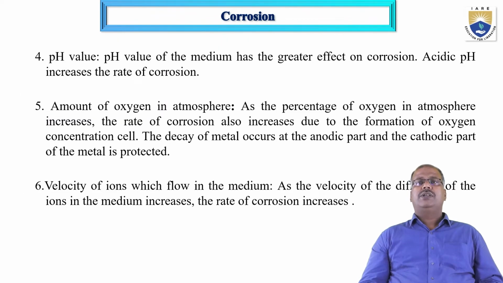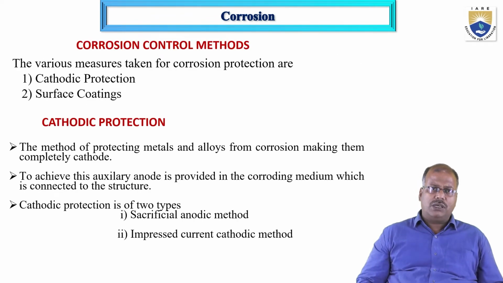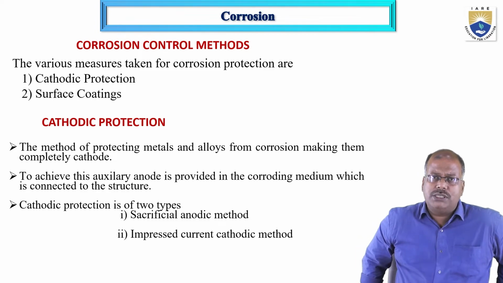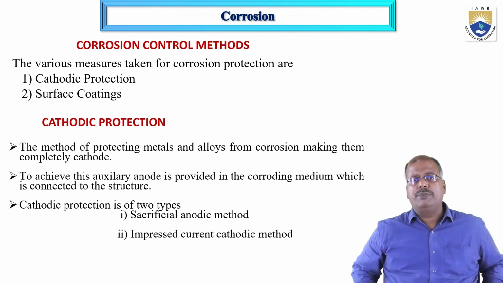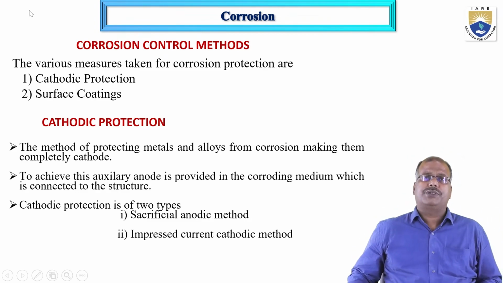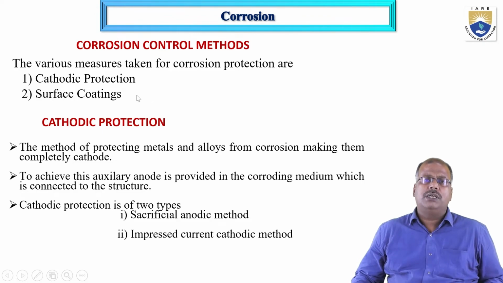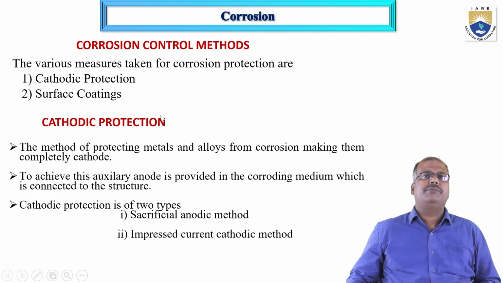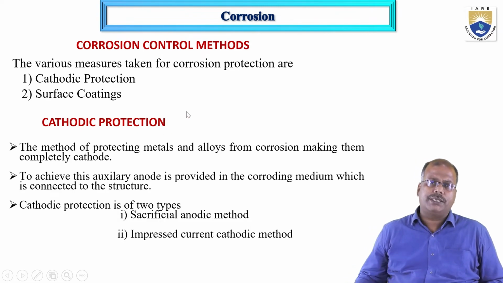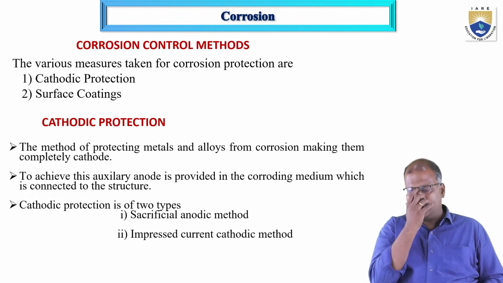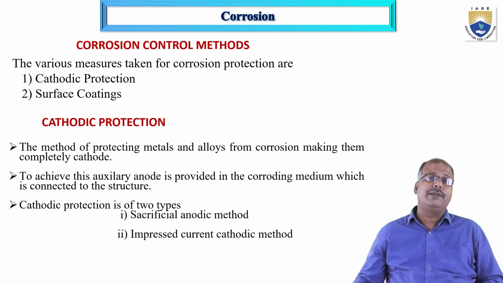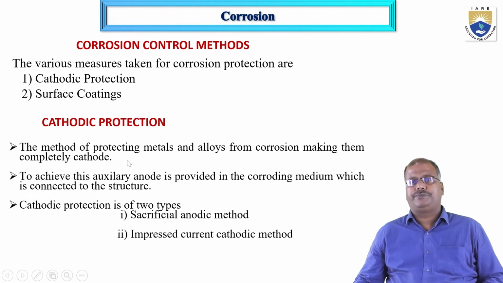So next we go to corrosion control by cathodic protection. The various measures taken for corrosion protection are cathodic protection and surface coatings. Today we will see cathodic protection, what it is. Cathodic protection means the method of protecting metals and alloys from corrosion by making them completely cathodic.